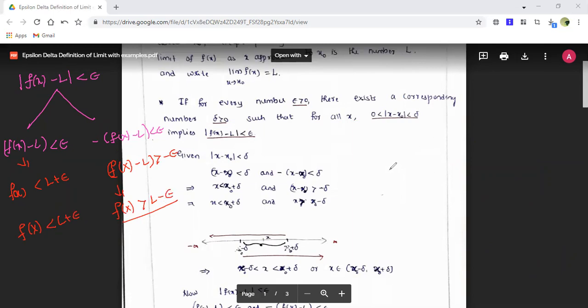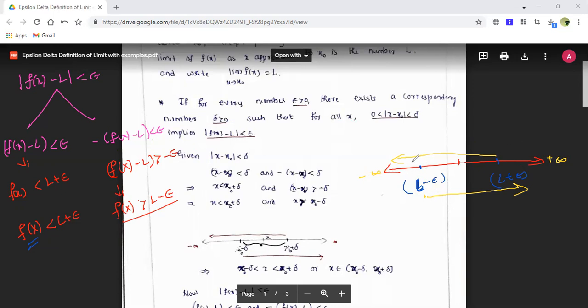Again, if I draw this on the real line, I take this point as L minus epsilon, which, because of the minus, lies on the left side, and L plus epsilon, which lies on the right side. f of x less than L plus epsilon means these are the values it considers. f of x greater than L minus epsilon means it starts from here and goes toward positive infinity, and the other goes toward negative infinity.